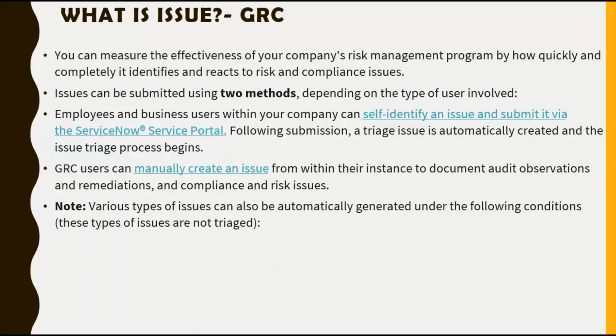First is manual creation, through the service portal or the classic view, where a GRC admin or business user can create the issue for a self-identified issue. Second is auto generation of the issue when the control is in a non-compliant state.